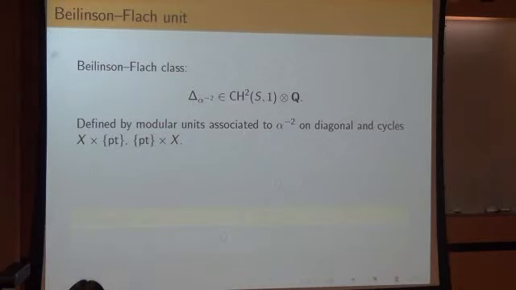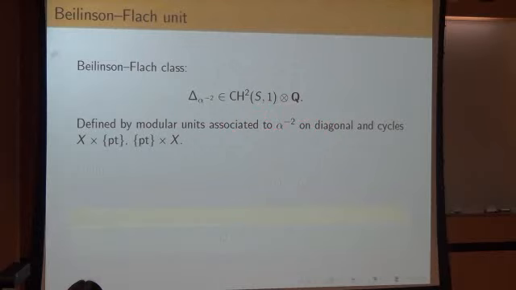It's a linear combination of curves on S with functions on S. So the curves that you take are actually pretty simple in the definition of the class. They're just the diagonal, so X diagonally embedded in X cross X, with horizontal and vertical copies of X, so X cross a point and point cross X. And on each of those horizontal, vertical and diagonal copies of X, you just place a modular unit associated to alpha to the minus 2.